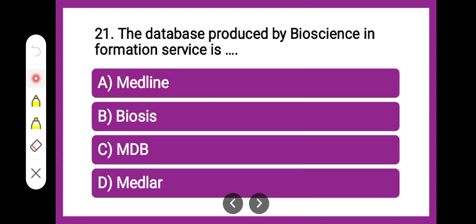Next question is, the database produced by Bioscience Information Services is dash. Whether it is Medline, Biosys, okay, or MDB or Medlar, which amongst the given is correct? Bioscience Information Service.